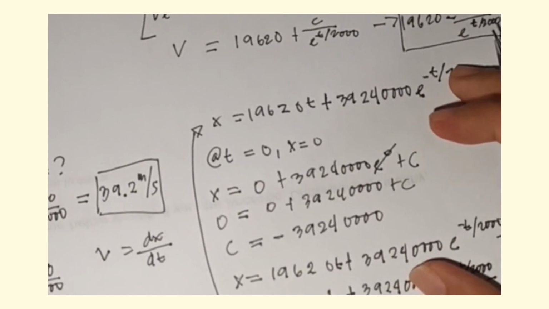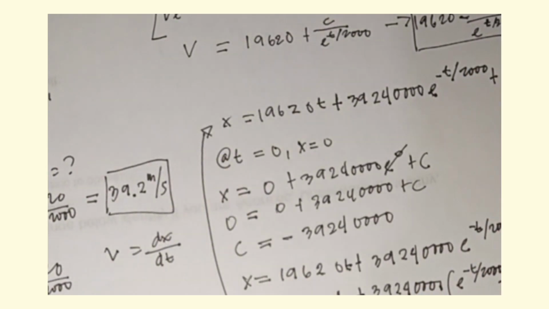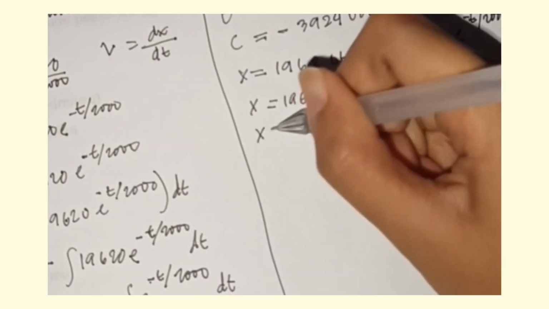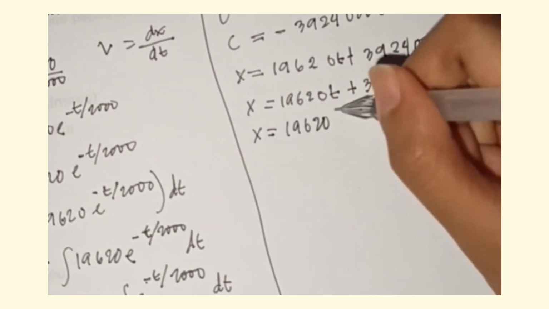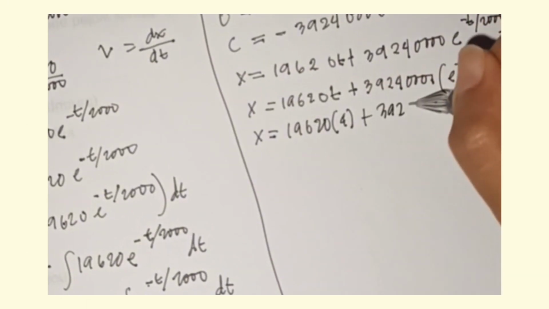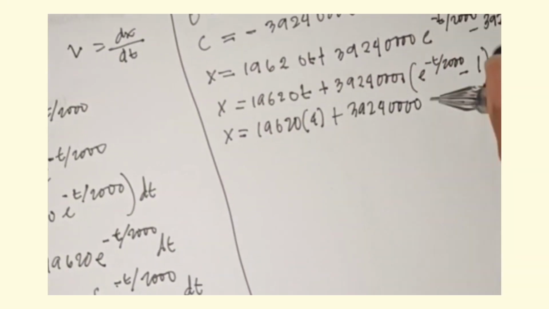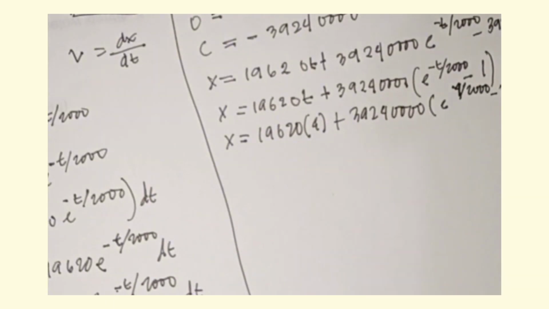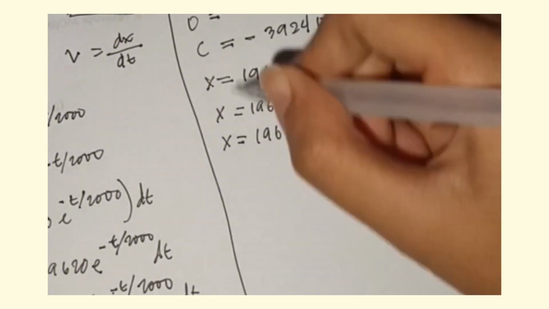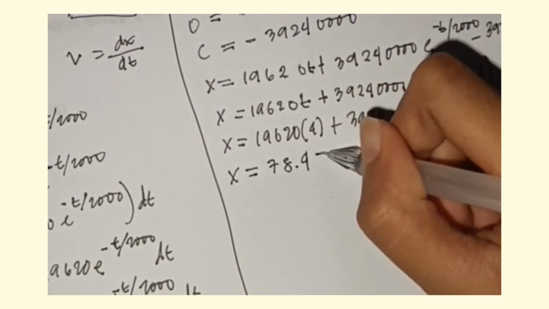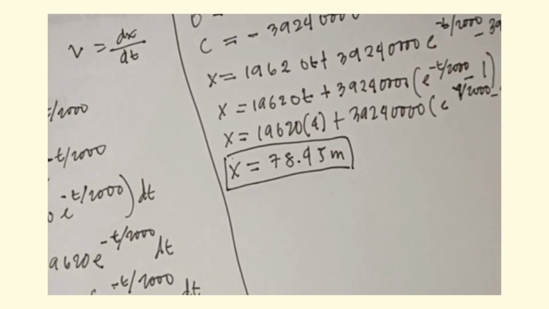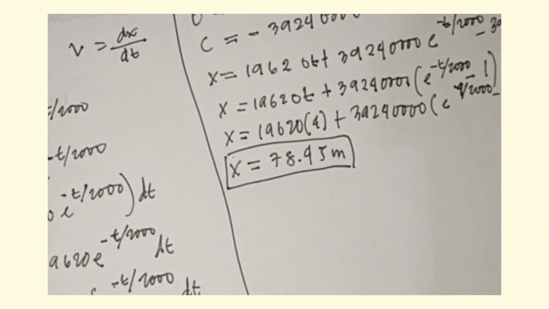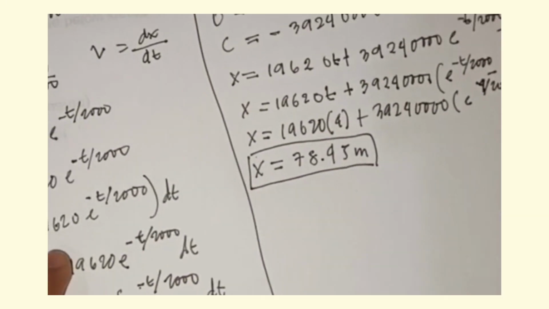The problem is asking for the distance traveled by the ball after 4 seconds, so x is 19620 multiplied by the time, which is 4, plus 39240 times e raised to negative 4 over 2000 minus 1. The total is 78.45 meters, so that should be our answer. We must be careful and know how to solve linear equations and basic integration in order to solve this problem and fully understand it.